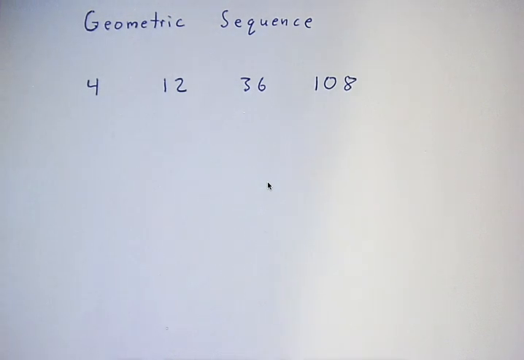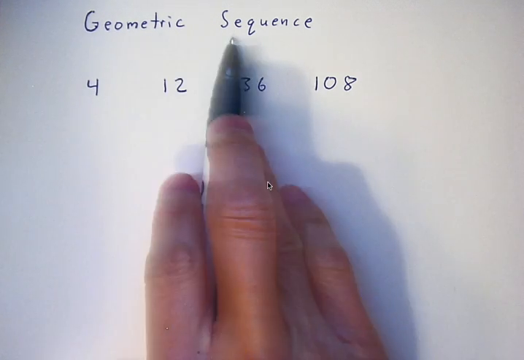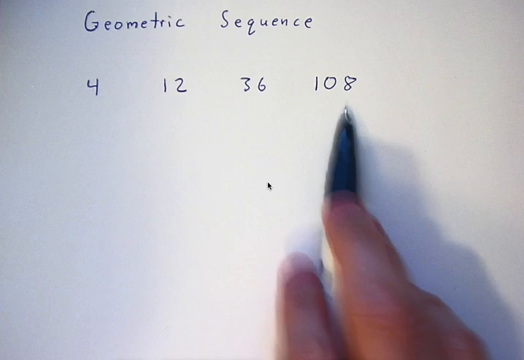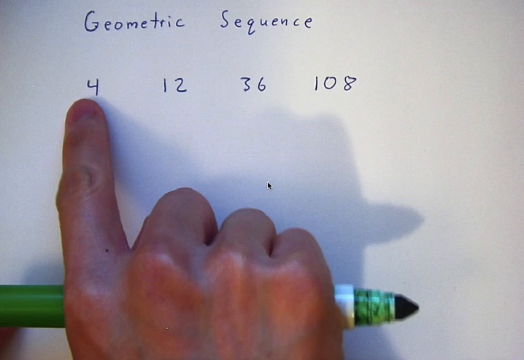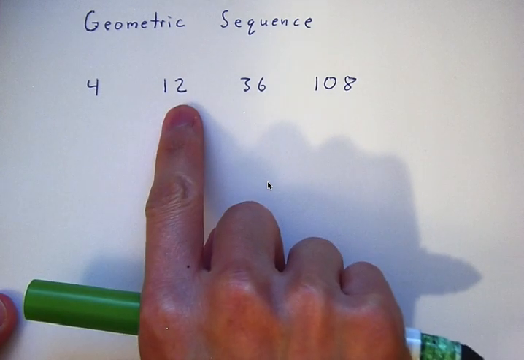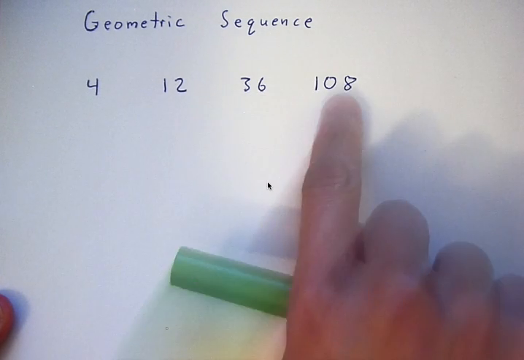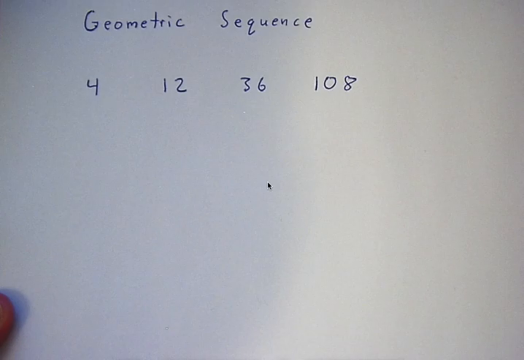Today we're going to be talking about geometric sequences and series. So this right here is a geometric sequence. The reason it's a geometric sequence is the way we go from one number to the next number is by multiplying by the same thing each time.